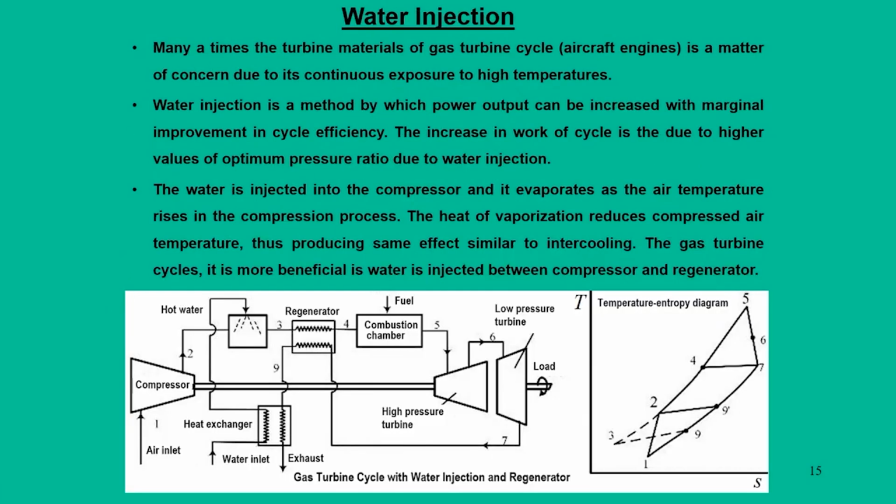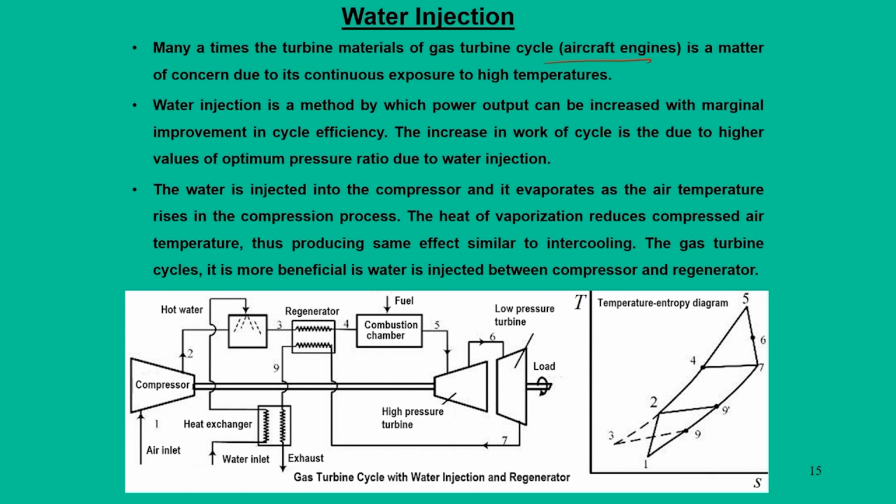There is another method in which non-idealness also comes into picture. Normally we introduce what we call water injection, and this method is normally used for gas turbine cycles in aircraft engines, which are mainly intended for thrust generation. The gas turbine blades are always exposed to very high temperature in a continuous manner.